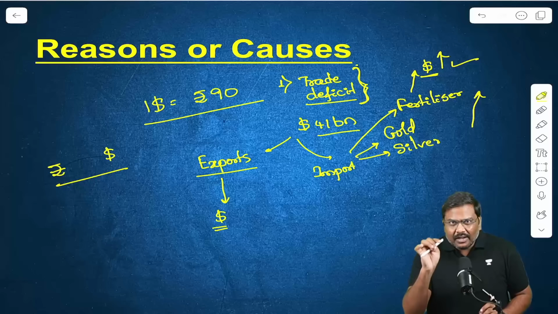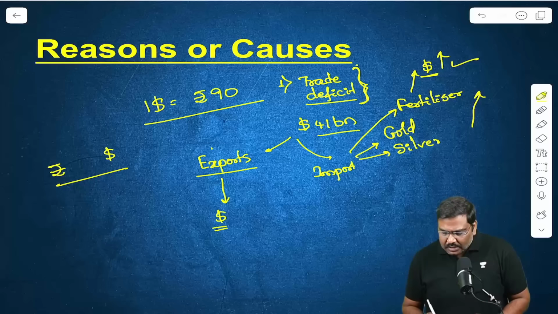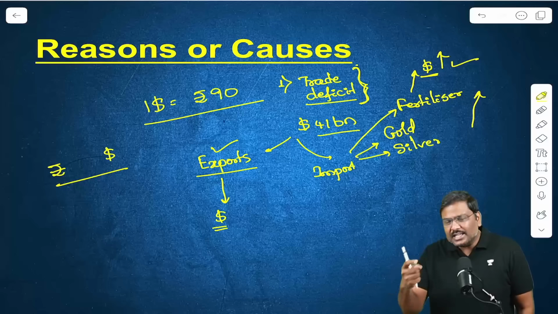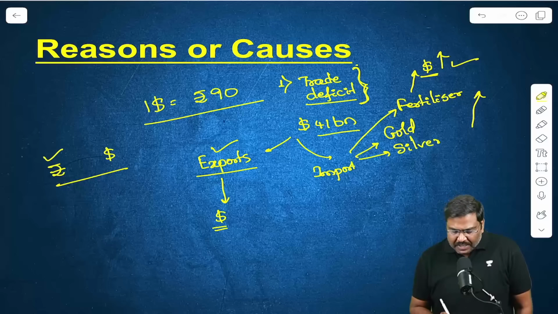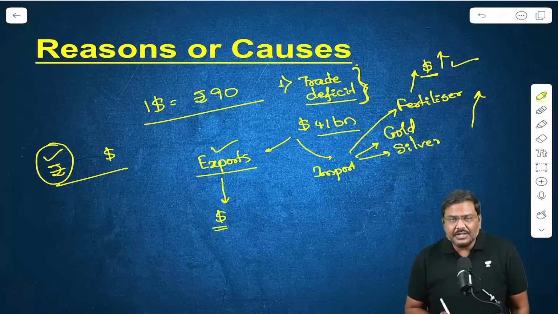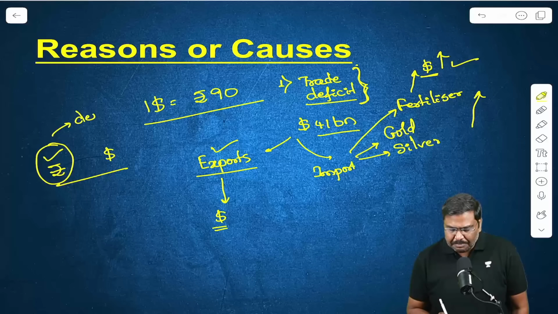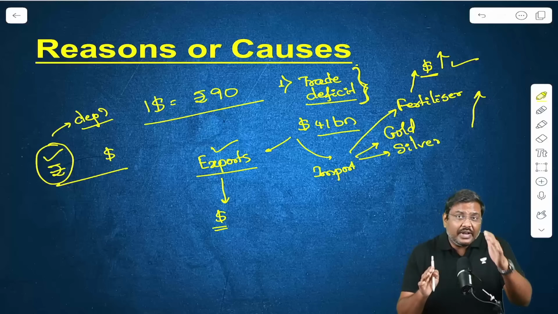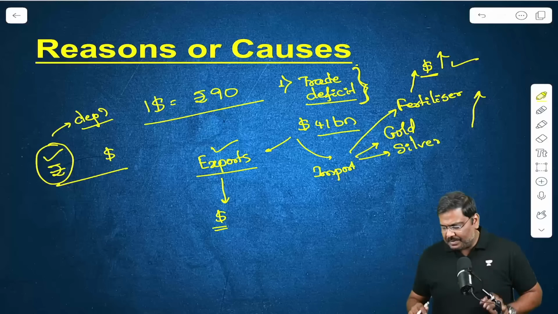So in the Indian forex market, because of lower exports as well as higher imports, rupees overall were sold more, supply of rupee increased, and this actually led to depreciation of Indian rupee. This is the first and a very important reason for rupee depreciation.